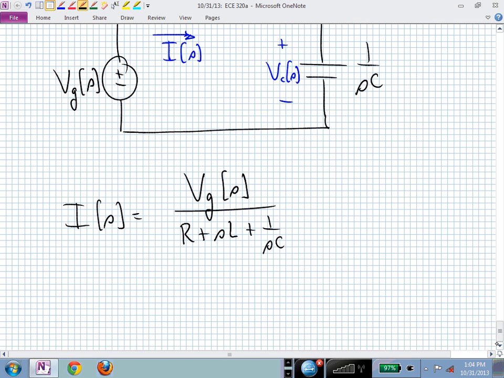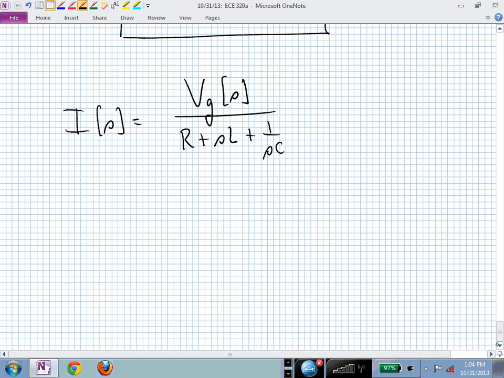And if we want the transfer function between the voltage source, V sub G, and the current I, we could divide both sides through by V sub G, or we could perform that ratio from the definition. Let's do it the definition way, which you don't need to do, but we'll do it the long way for now.